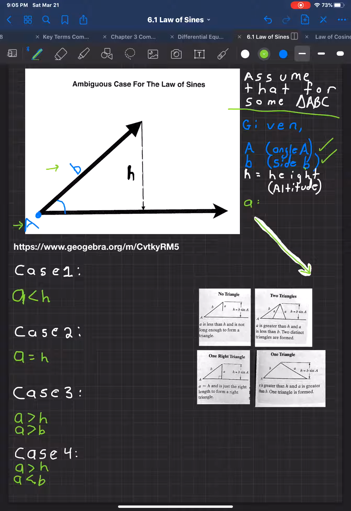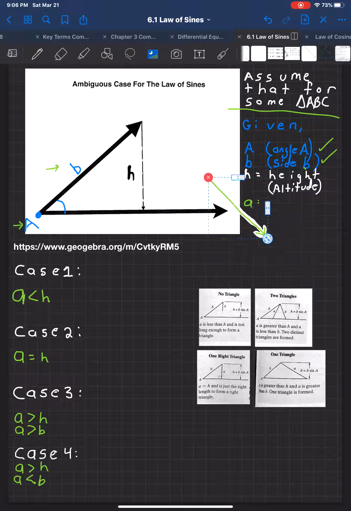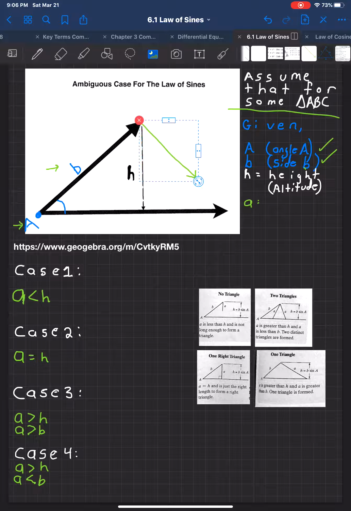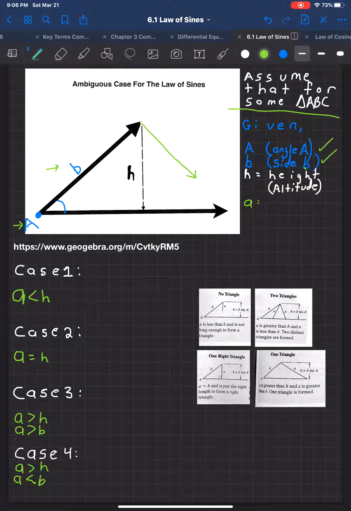Listen. What we're going to do is see how the length of side A plays a role in this triangle. So we're going to assume that this guy right here is side A. If you can spatially imagine, let's say you have some type of pivot here, some type of swivel that allows A to rotate.